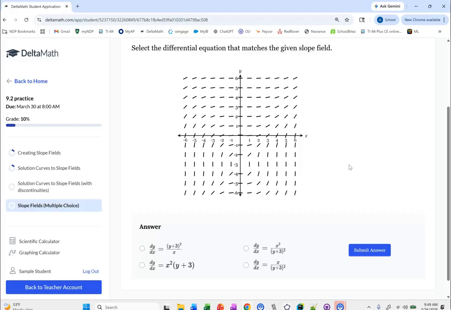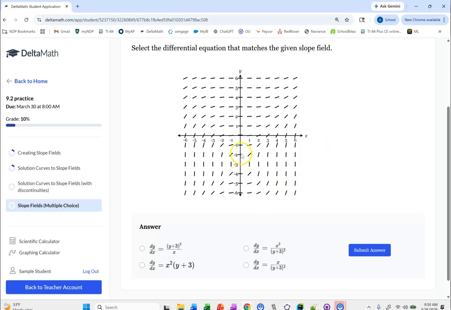So when I look at a slope field like this, first thing I'm going to do is look for stationary values. Is there a value for x or y where the slope is horizontal? Yes.